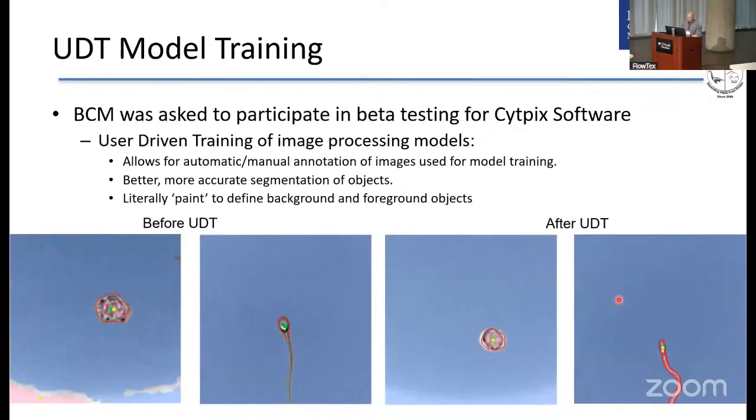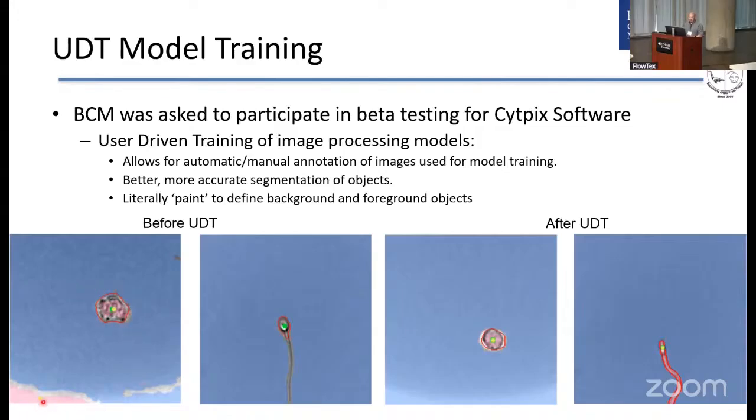So you're probably wondering, okay, what is UDT model training? We were asked to participate in the beta testing for that. And basically, it allows you to define what's a cell and what's not. So with the early versions of the Cypix software, you're kind of stuck with whatever annotation models they had built in. And on the left, you can see they do okay for round, regular cells.